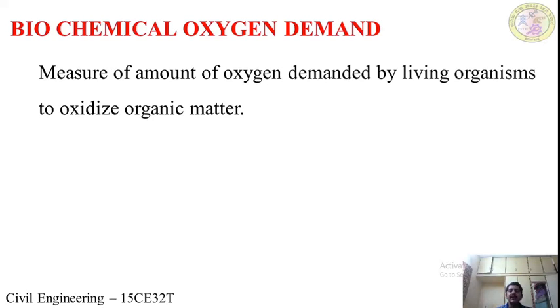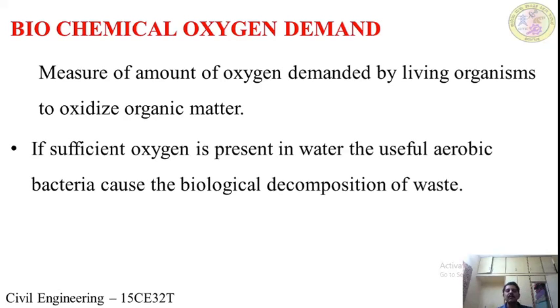The amount of oxygen required by the organisms to oxidize the organic matter is called the biochemical oxygen demand. If sufficient oxygen is present in the water, this oxygen is consumed by the aerobic bacteria. Aerobic bacteria are the bacteria which are dependent on oxygen for their survival.